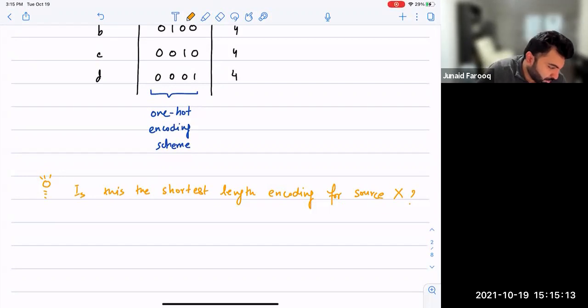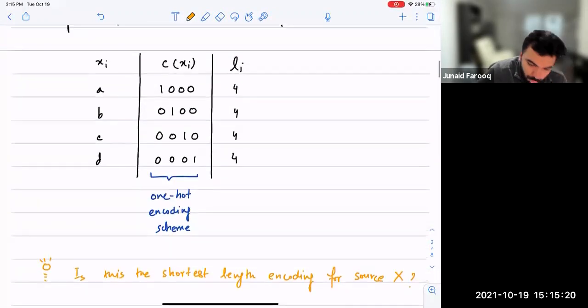And the purpose of the encoding scheme is to figure out a code word that represents that symbol. The length is really what matters when it comes to compression. So how do we know if this is the best possible encoding that compresses the data to the maximum limit?